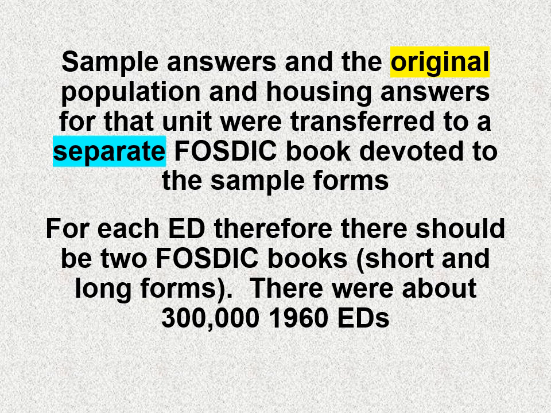So to make it clear, each enumeration district, because each ED has a FOSDIC book, therefore should have 2 books. A book devoted to the short form and a book devoted to the long form. And considering there were about 300,000 1960 enumeration districts, that's 600,000 of these books.